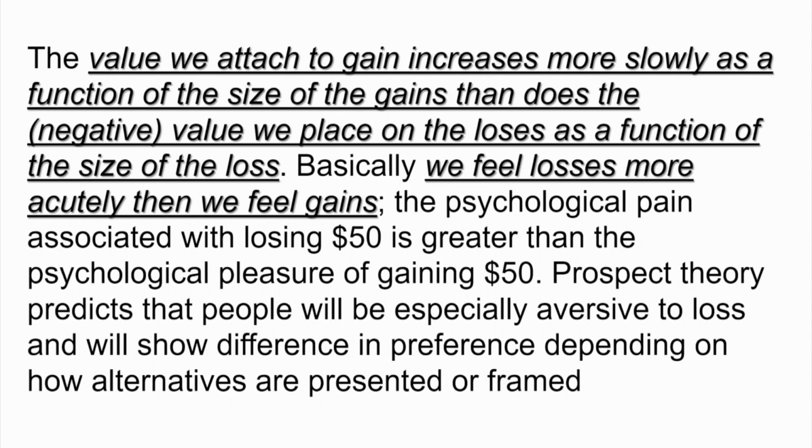And so, as humans, in terms of expected utility theory, if we gain 10 rupees or if we lose 10 rupees, the value of that money is still 10 rupees, and so we should feel the same amount of happiness and sadness. But as humans, we know that losing money gives us more pain, and so losses are more dramatic and give us more sadness than if you gain 10 rupees, and that is one of the predictions. So, the losses are felt more acutely than we feel gains.